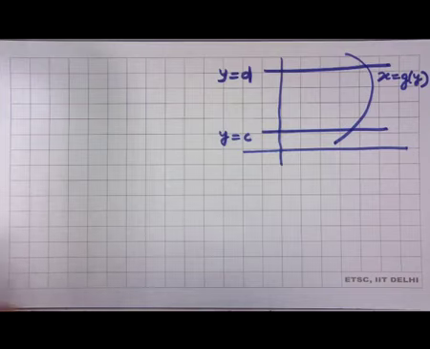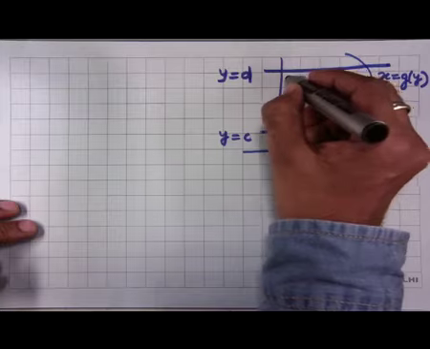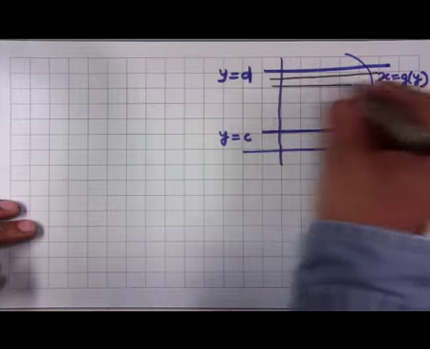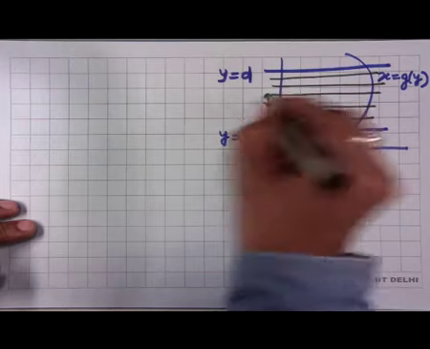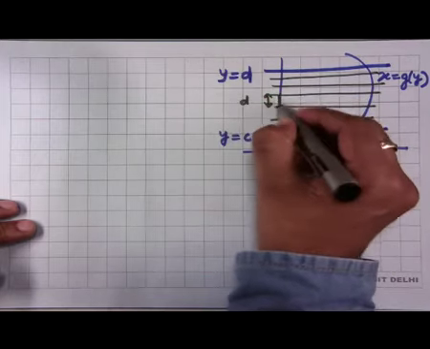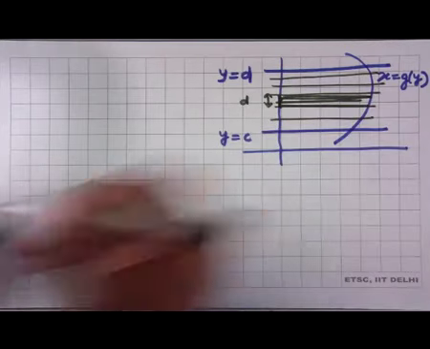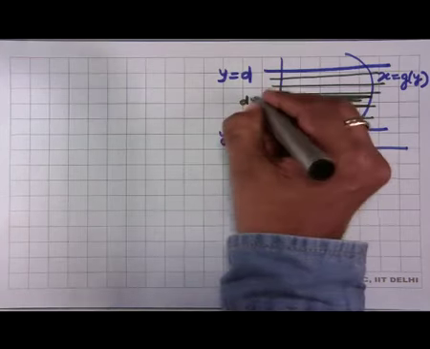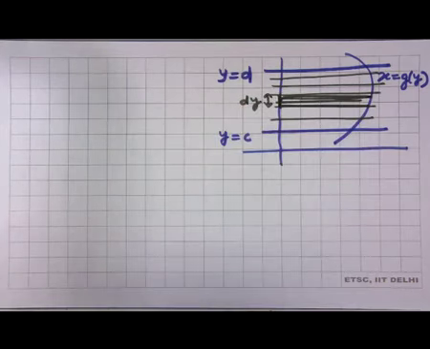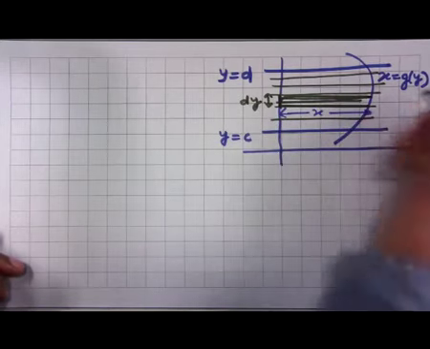So instead of dividing the area by vertical strips, we divide the area by horizontal strips, and we say that the width of this elementary rectangle or elementary strip is dy, and height of this strip will be x governed by this equation.